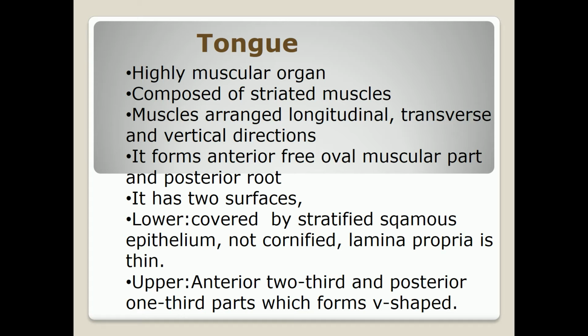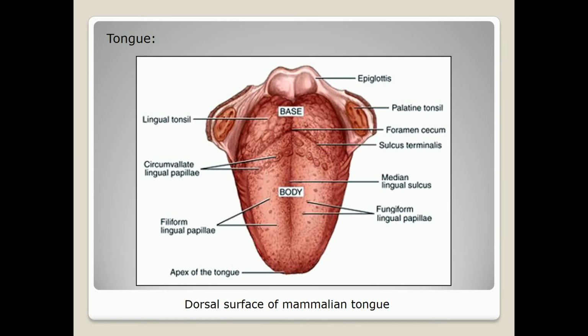It forms an anterior free oval muscular part, and a posterior root is there. It has two surfaces: the lower is covered by stratified squamous epithelium, which is not cornified. The lamina propria is thin, and the upper part has the anterior 2/3 and posterior 1/3, which forms a V shape.